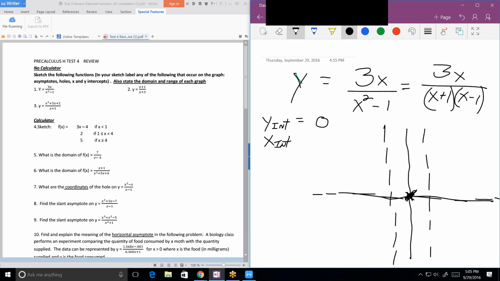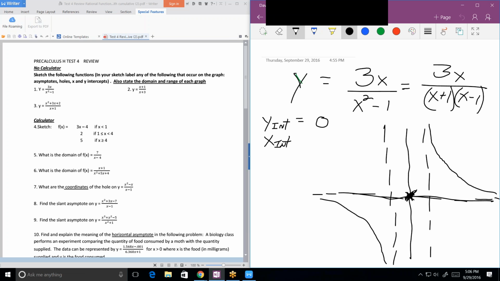Yeah. Means that part of the graph approaches the vertical asymptote and the horizontal asymptote. And then typically, the other half of the hyperbola is down there.